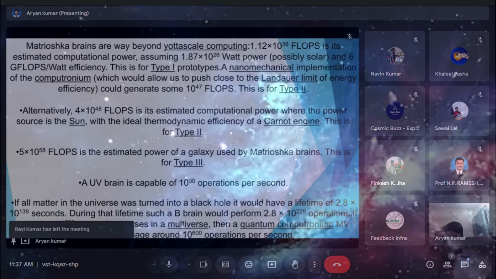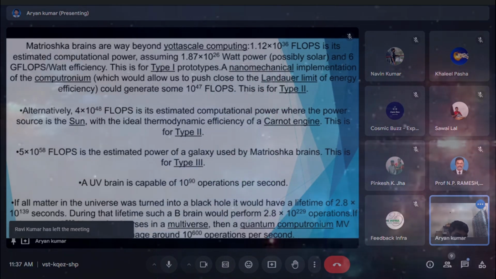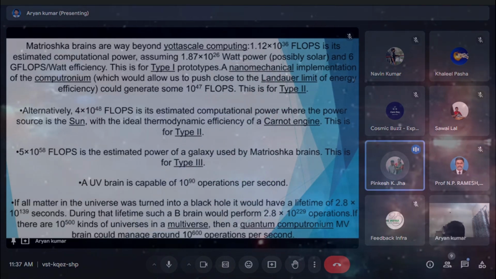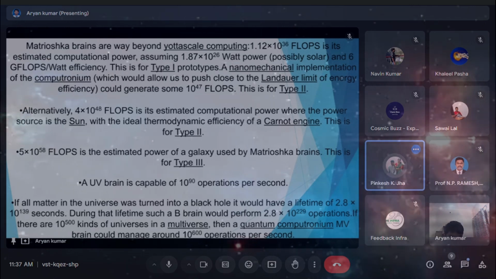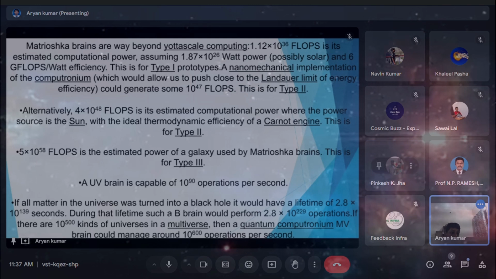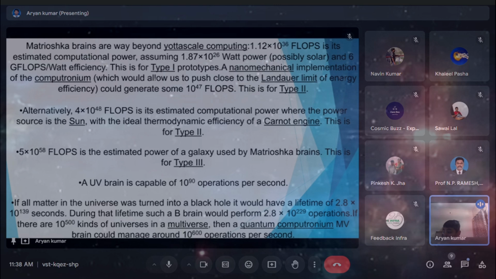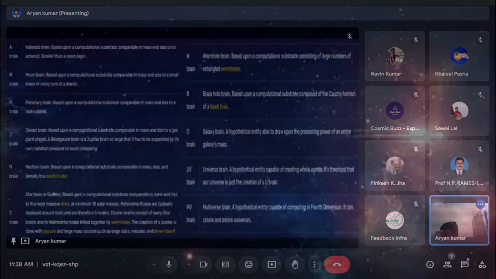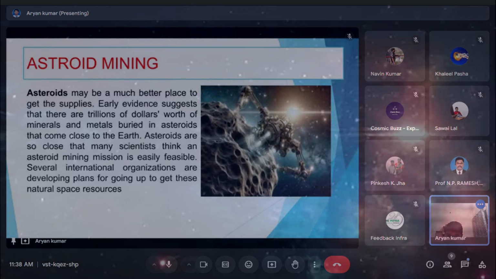Okay. So do you know what a Dyson sphere is? Yeah, it is a megastructure. Am I right? Yes. Surrounded by stars. So we discussed asteroid mining. Yes, we discussed asteroid mining.